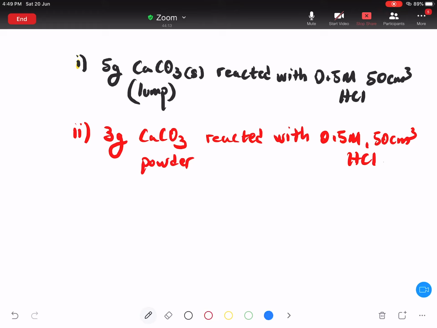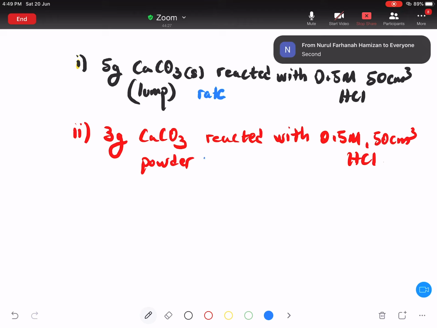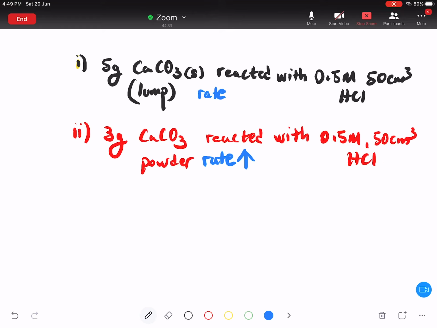First of all kan, before you really do this question, you tengok siapa have a higher rate? The first one or the second one? The rate. The second one will have a higher rate. This one have a lower rate.